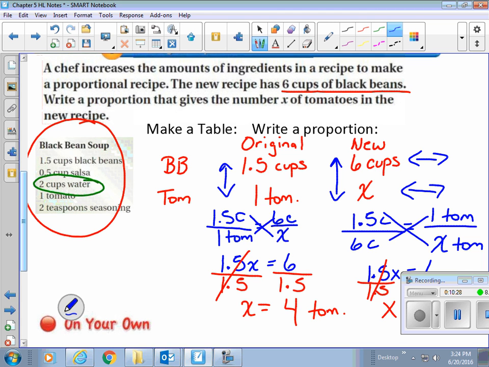We were stuck with black beans, but instead of using tomato, we were using water here. And the amount of water in the original recipe was 2 cups, and we were looking for y here.